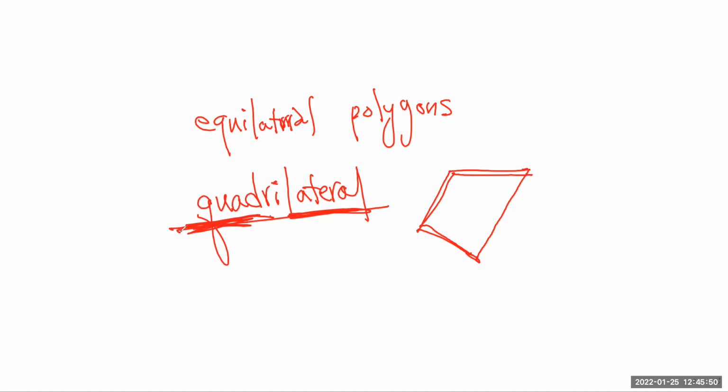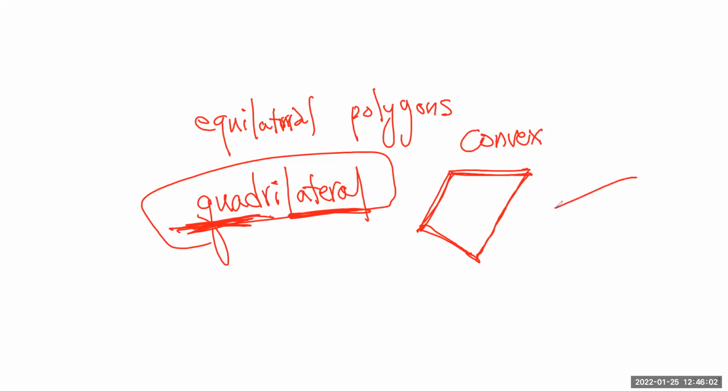We call this a quadrilateral. Got four sides. And of course, this is a convex. You could have a concave one because it could have something like this. And that is also a quadrilateral, but this is a concave.